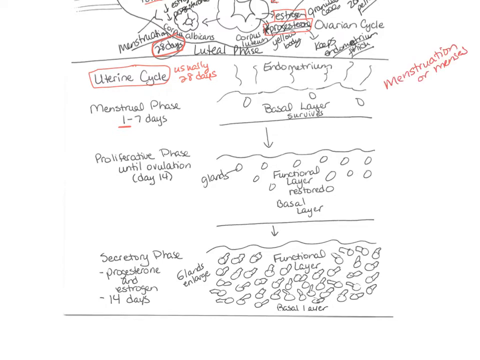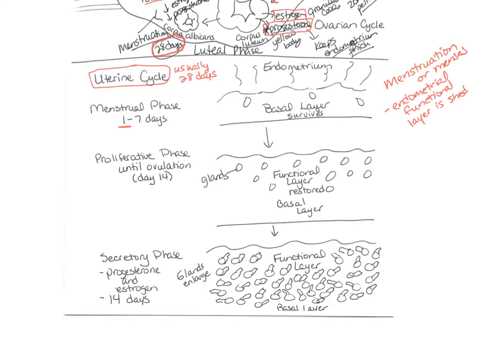It's the destruction of the functional layer of the endometrium. During the first phase, called menses, the functional layer of the endometrium will be destroyed, and blood and tissues will be eliminated from the body of the female through the vaginal canal. In layman's terms, this is usually called a female's period.